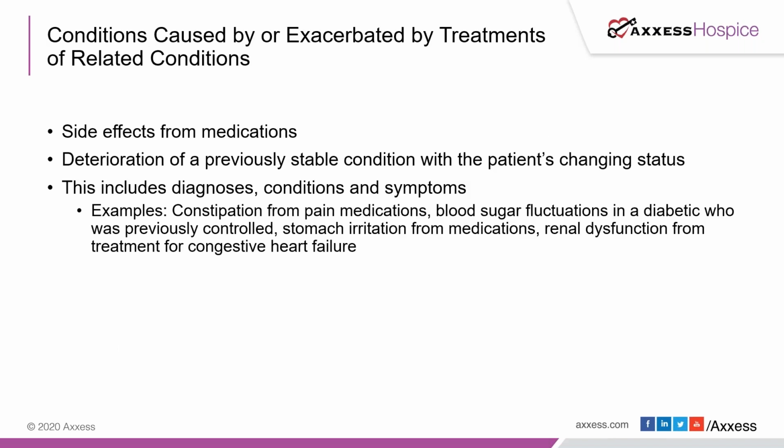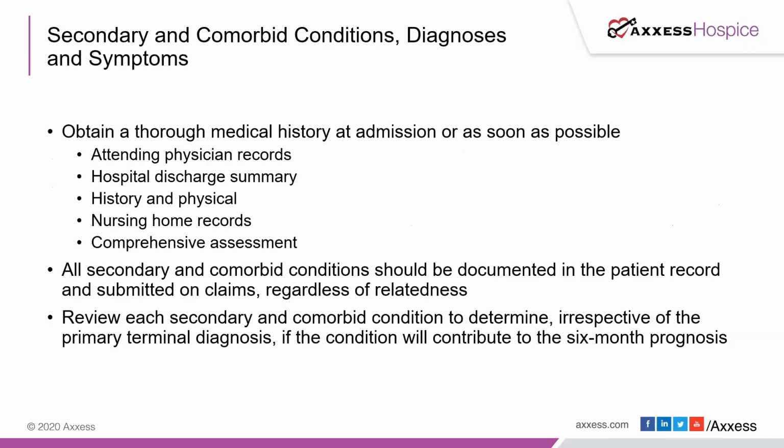Looking at your comorbidities, Medicare specifically mentions things like renal disease, liver disease, COPD, CHF, diabetes mellitus, HIV or AIDS, any history of cancers, lupus, and rheumatoid arthritis as specifically being significant comorbidities that impact a patient's terminal prognosis.